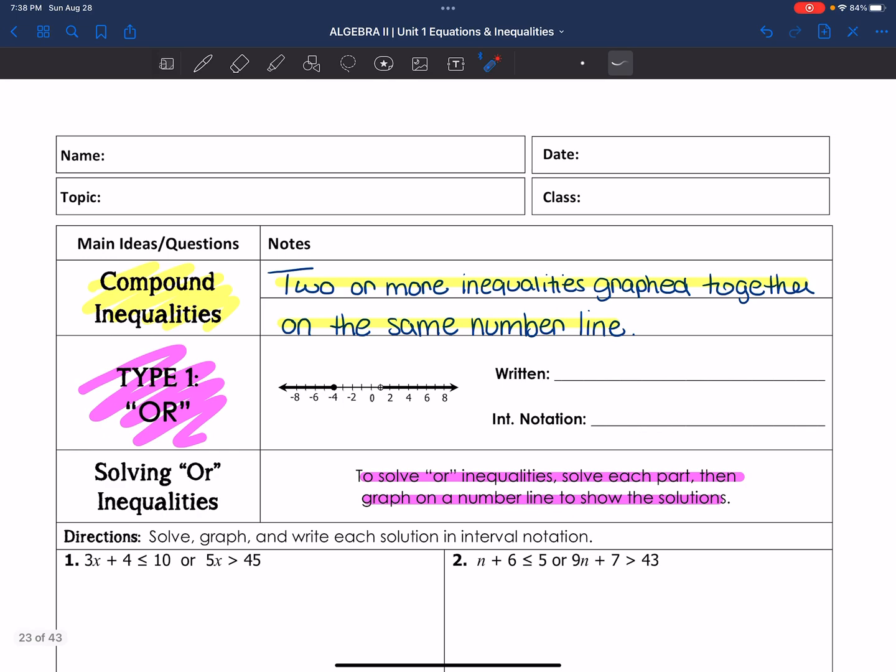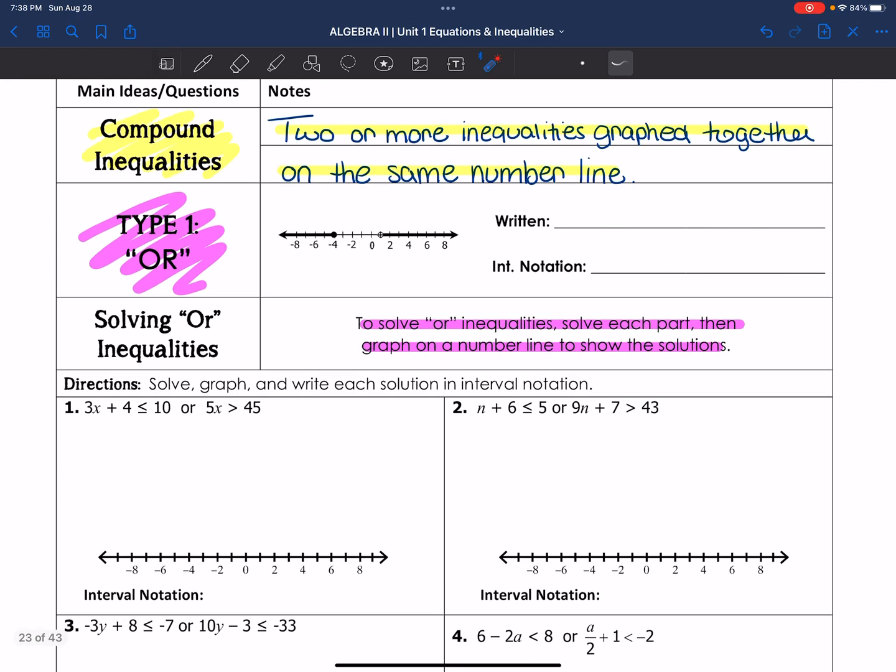So we're going to begin here with type 1, and those are the inequalities that are joined by the word OR. When graphed, they look like this, and you'll see here that it's kind of like a broken graph where we've got parts going in the left and right direction.